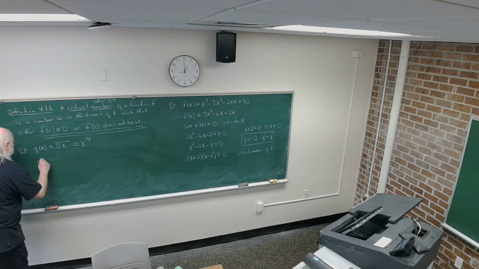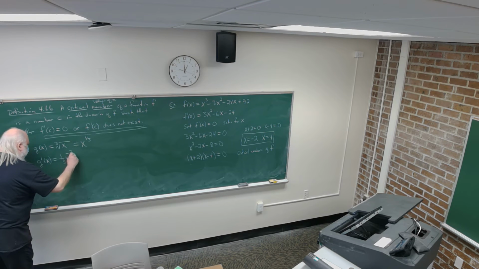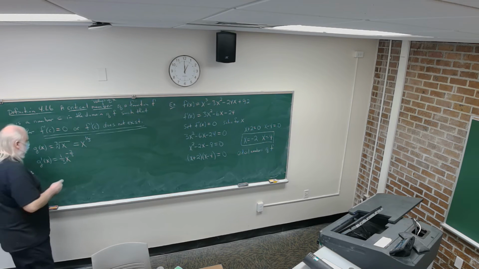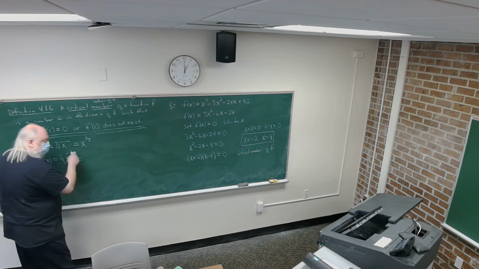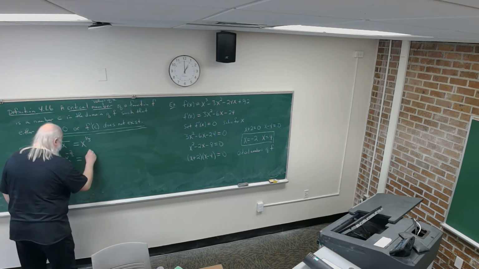We have g prime of x is equal to 1/3 times x to the minus 2/3 power, just using the power rule. Well, x to the minus 2/3 is equal to 1 over x to the plus 2/3.